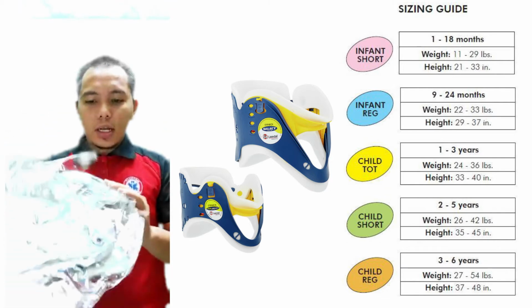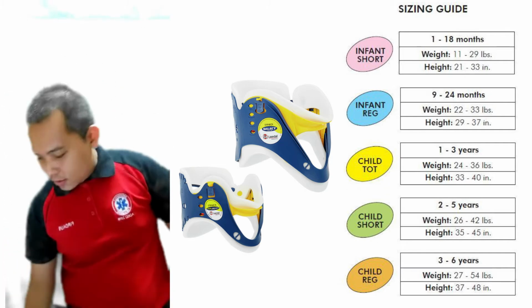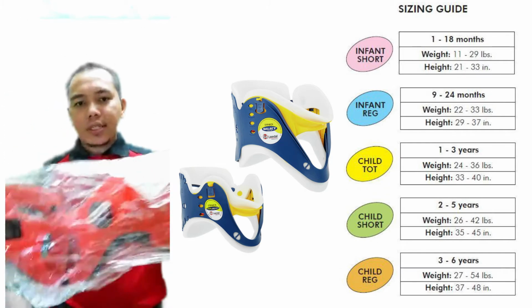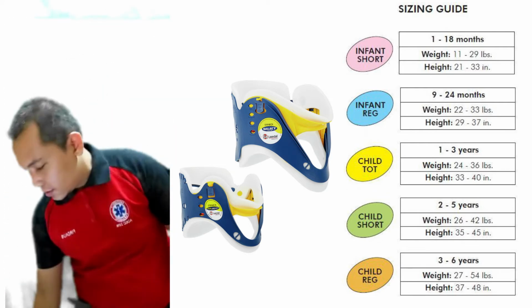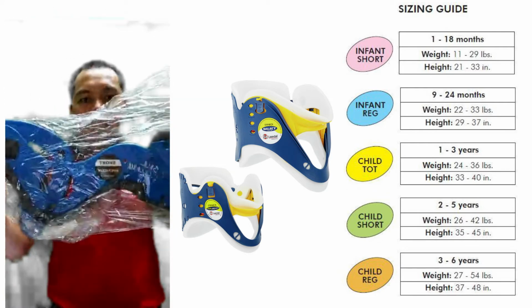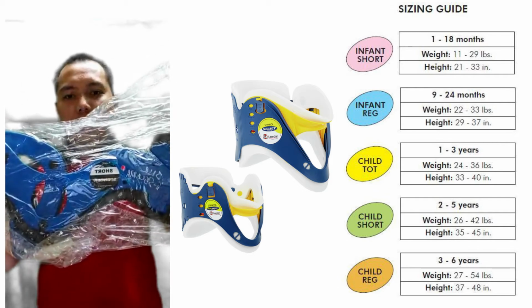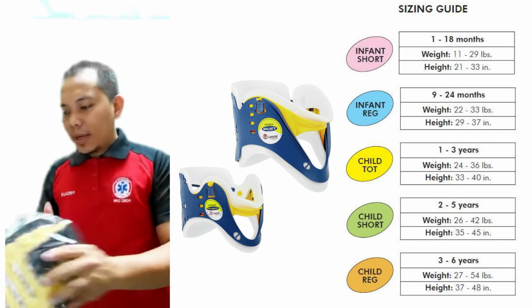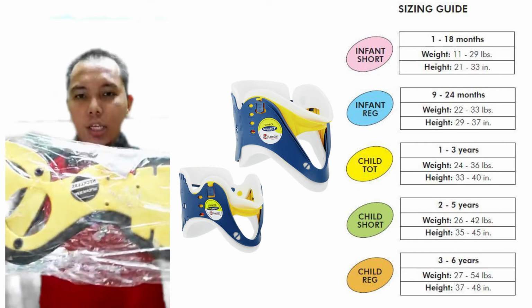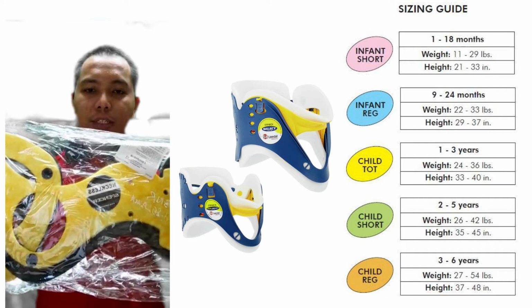Second one is for pediatric, green in color. This one is for the regular, red in color. Next, for the short neck, blue in color. And last but not least, this one is yellow in color, for the neckless patient.